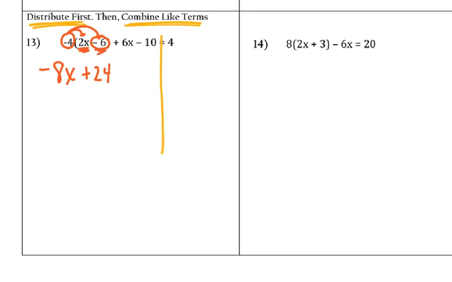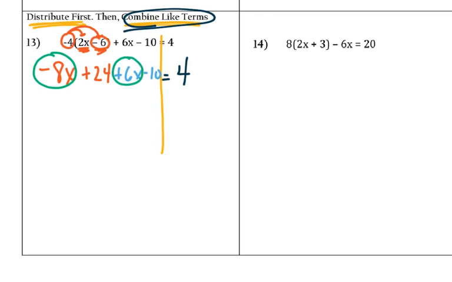So now I just bring the rest down. Plus 6x minus 10 equals 4. Okay, I distributed to get rid of parentheses. Now I'm going to combine like terms. This x, here's another x. Negative 8x's plus 6x's.